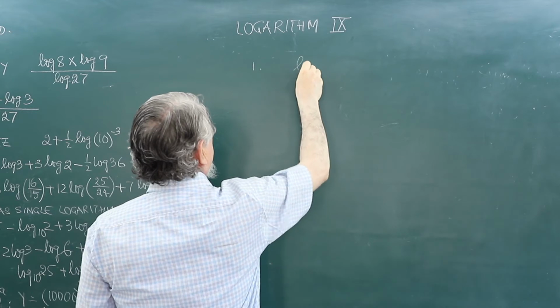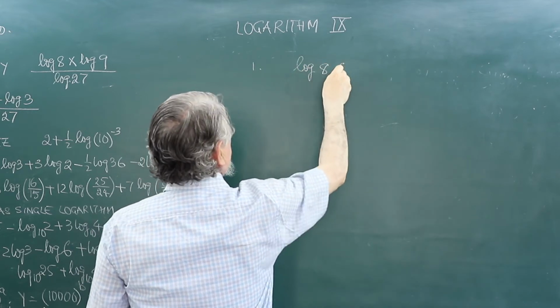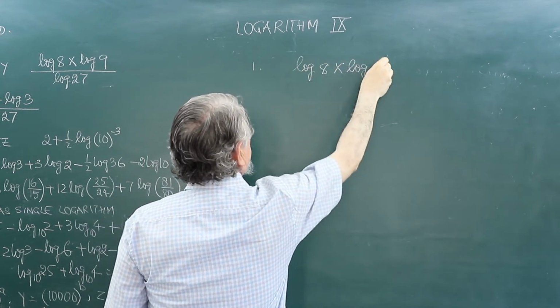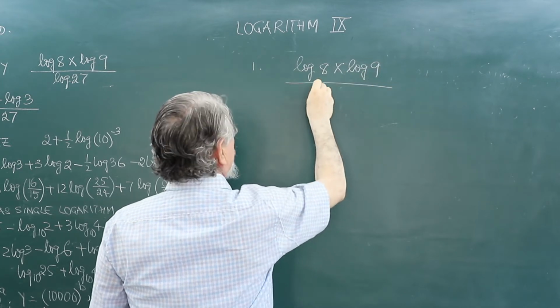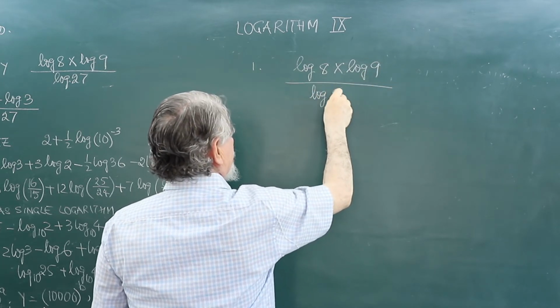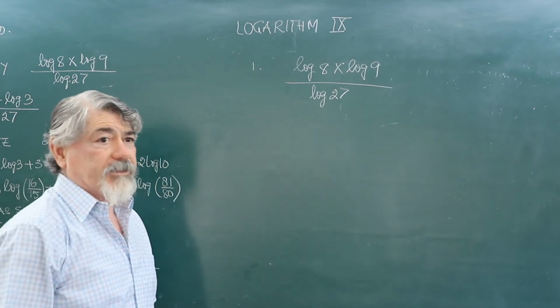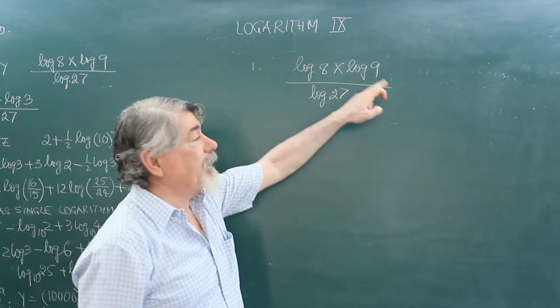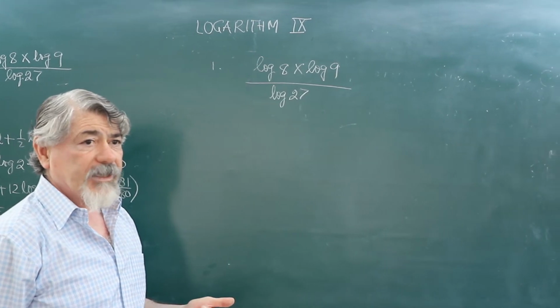It is log 8 into log 9 upon log 27. Now please understand, just look at the question. Log 8 into log 9 does not mean log 8 plus log 9.